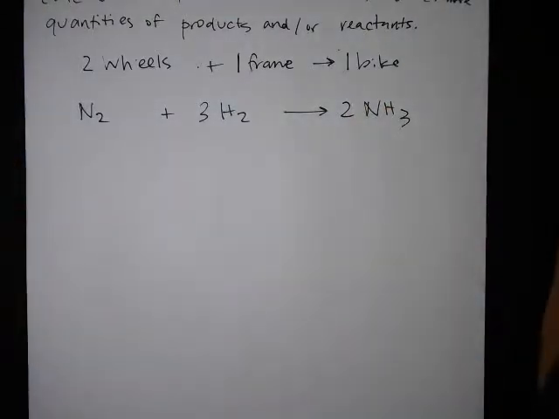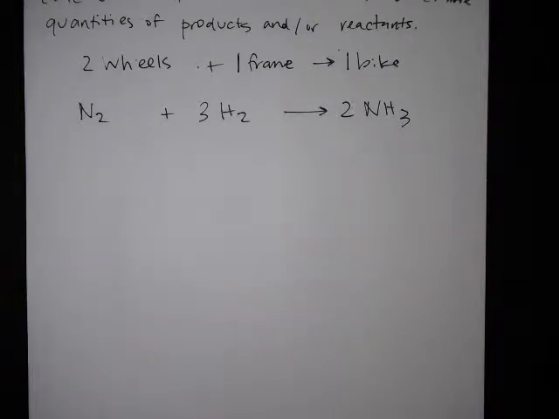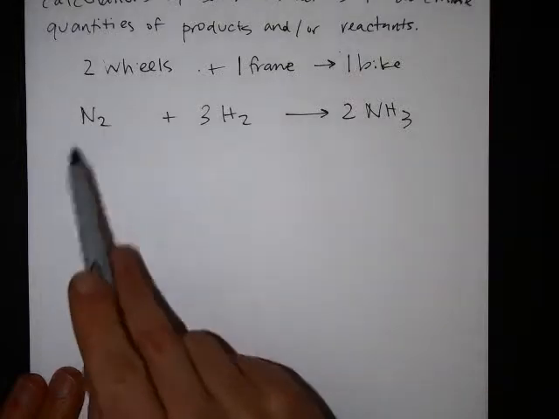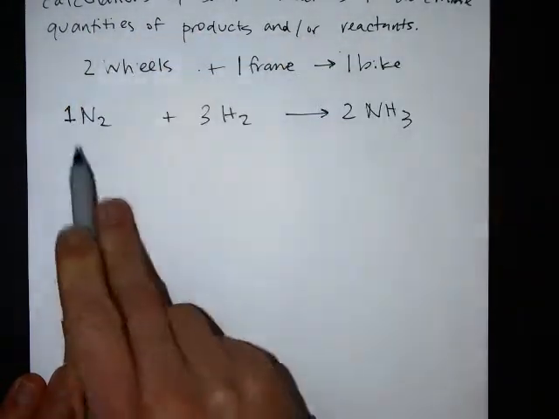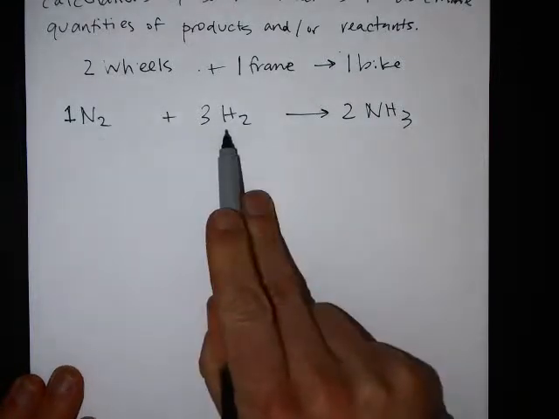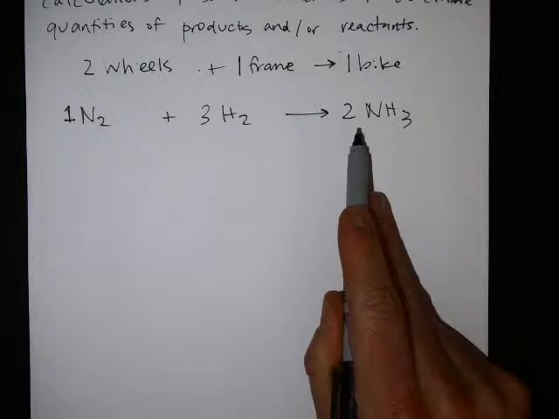All right, you can read this one of two ways. Here's the key. On the small scale, you could say that it takes 1 molecule of nitrogen plus 3 molecules of hydrogen to make 2 molecules of NH3, which is ammonia.